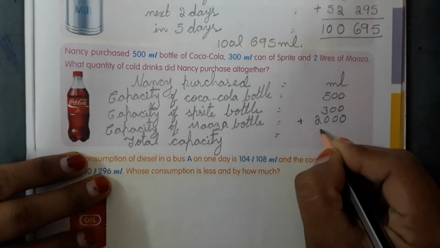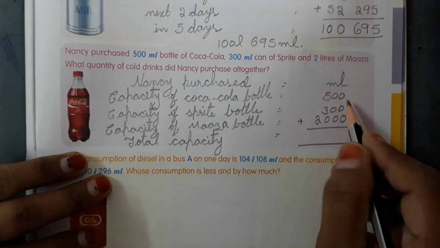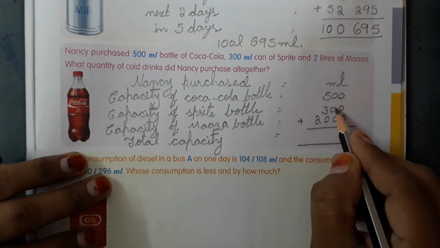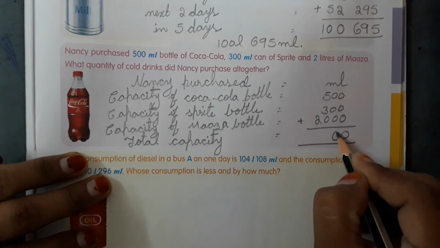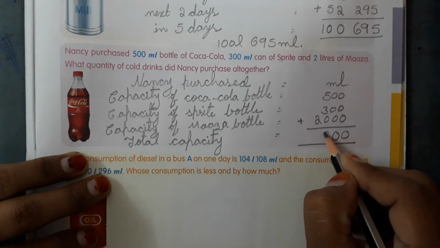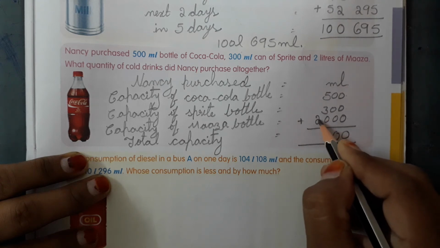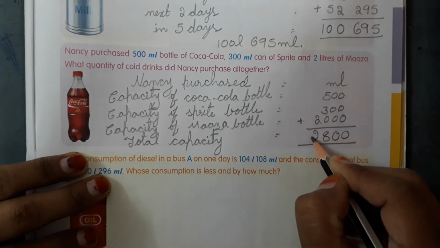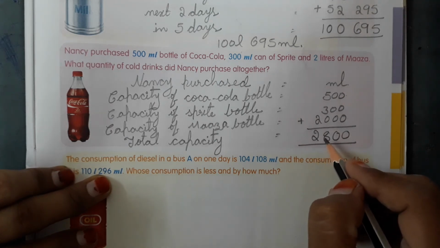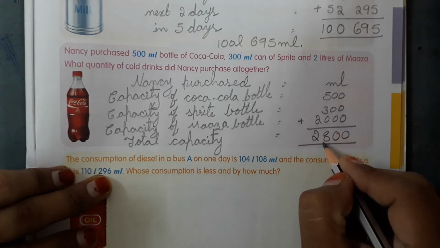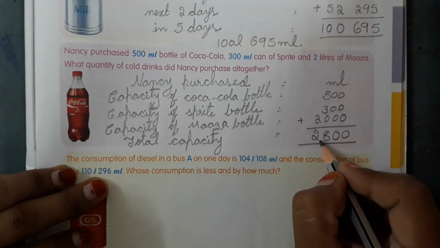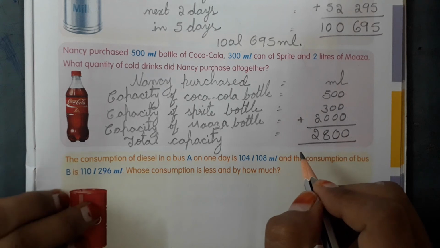Now add all these quantities. 0 plus 0 plus 0, 0. 0 plus 0 plus 0, 0. 5 plus 3, 8. 8 plus 0, 8. Only 2 is there in the thousands place, so write 2. So here the total quantity of cold drinks is 2800 ml. That means 2 liters 800 ml.